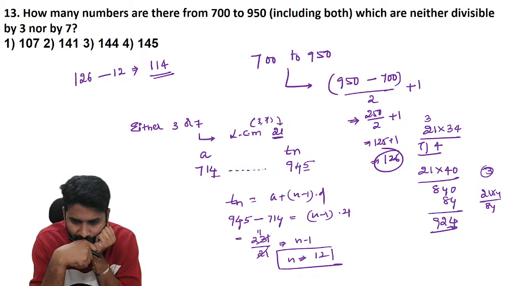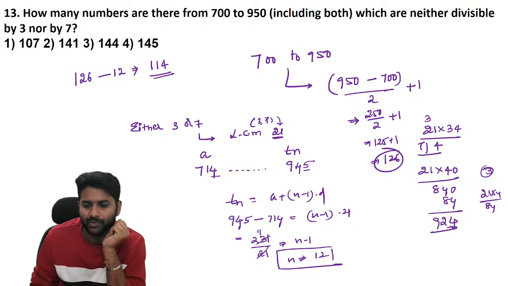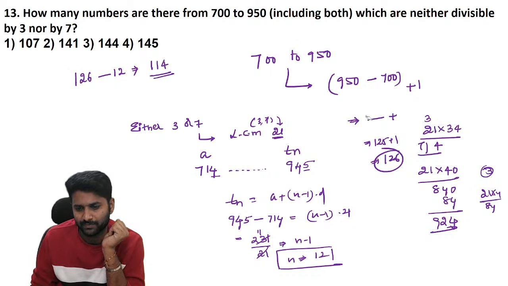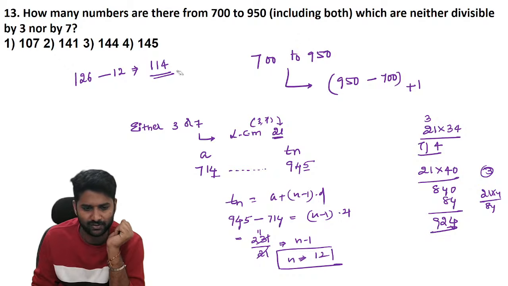Divided by 2 plus 1 is 125 plus 1 is 126. Total 126 numbers are there. No need to divide it by 2. It's my mistake. Give me a second, please.